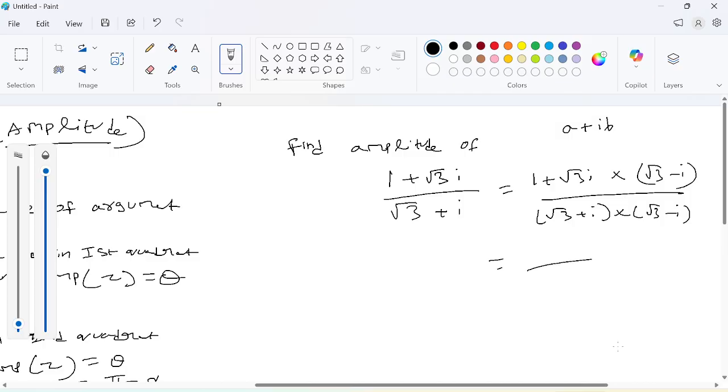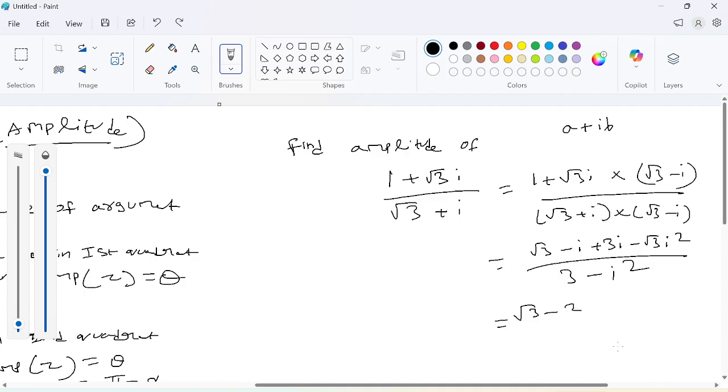Now the denominator will be 3 minus i square. Now the numerator will be root 3 minus i plus 3i minus root 3 i square.